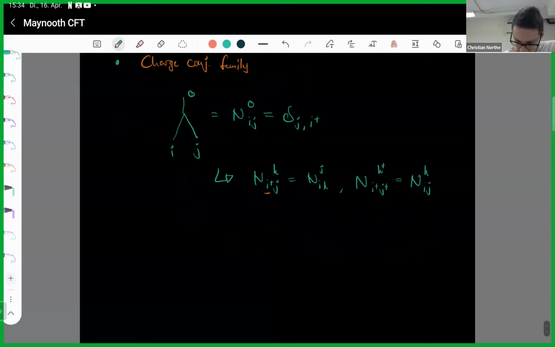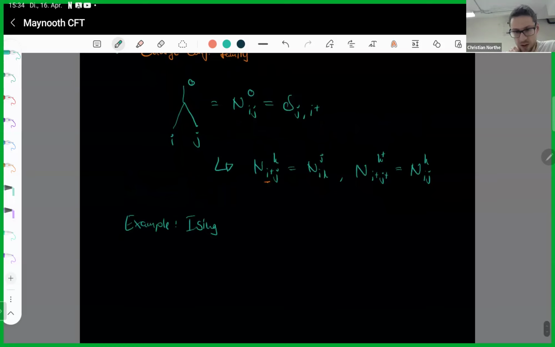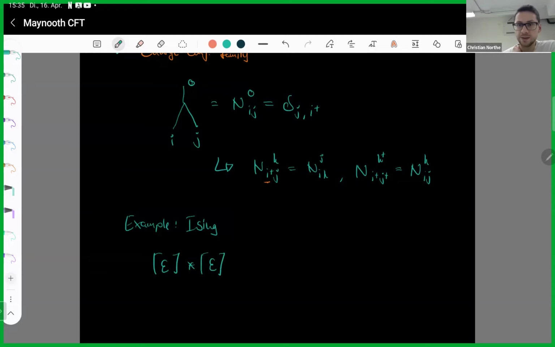Now, let me give you an example: the Ising fusion example. The fusion rules are the kind of stuff you will encounter at some point if you work with topological matter. The Ising family, or the Ising anyons, as I think they're called in topological matter. There you look at the fusion of the following families: identity, epsilon, and sigma.